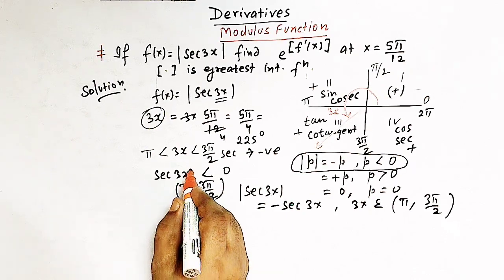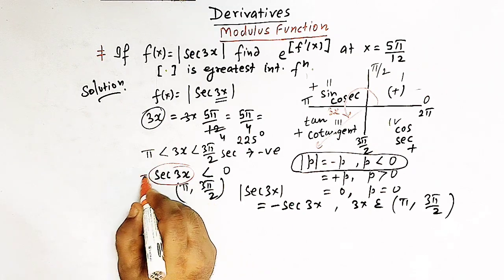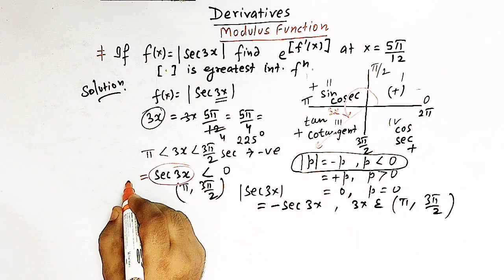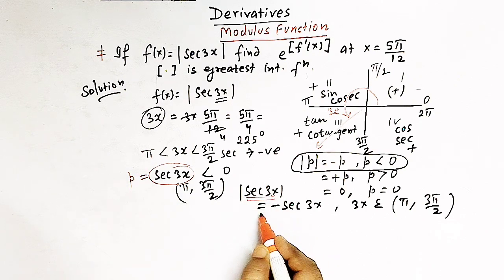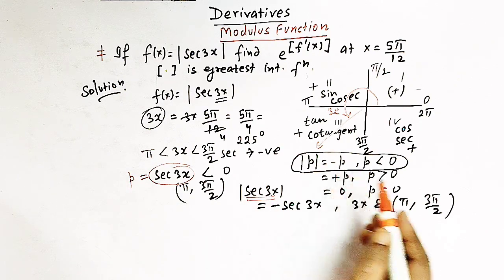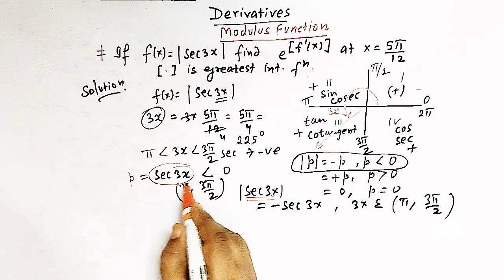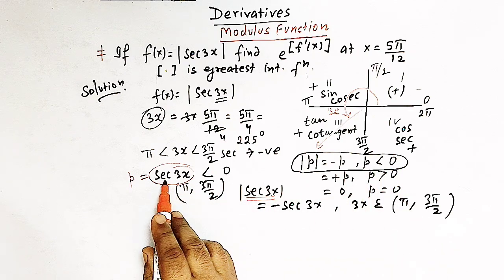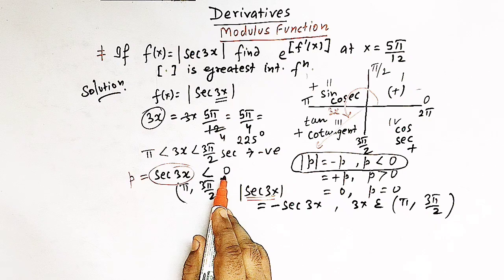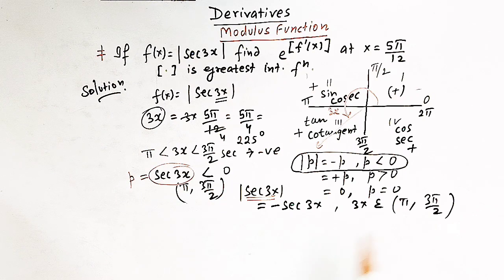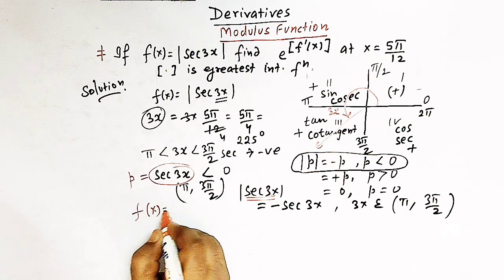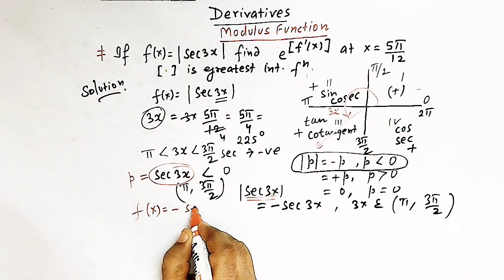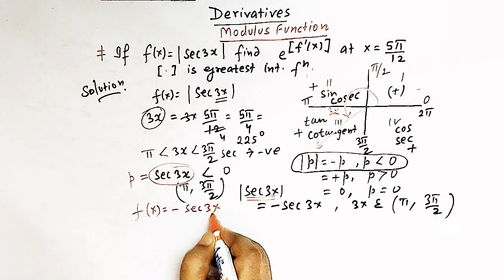So remember here secant 3x is assumed to be p, right? So mod of p is equal to negative of p when p is less than 0. It means secant 3x is less than 0 when 3x belongs to the third quadrant, right? So now f of x is given by negative secant of 3x.